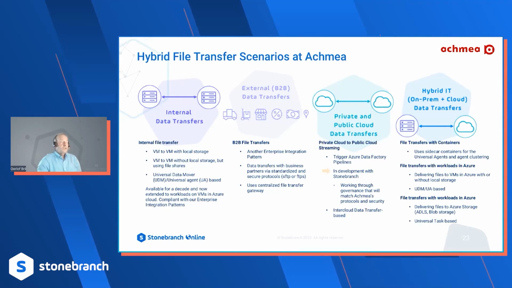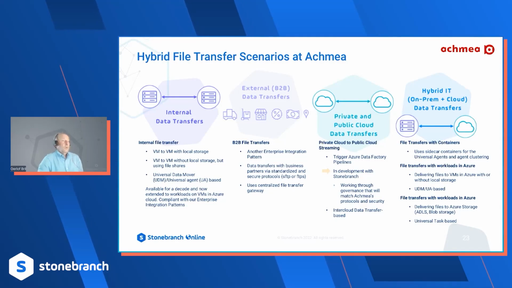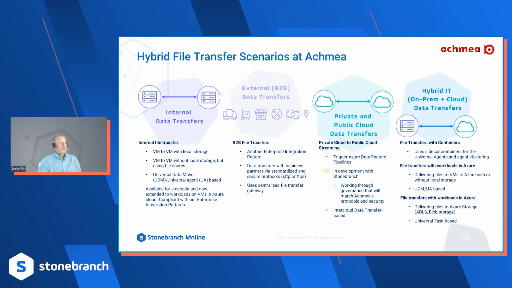Last but not least, we are now also moving fast to containers. We have two options for that. Either we deploy a sidecar container in the pod of the application that wants to do something with files, and both we have in production now, or we deploy the UA image on a separate pod, a single pod within the same namespace that deals with the file transfer, both delivery and file monitoring.